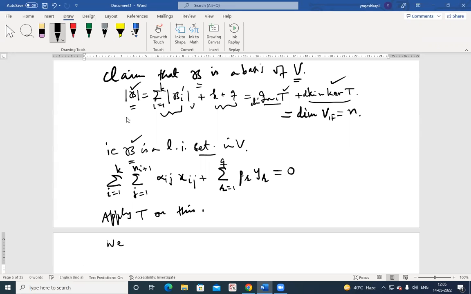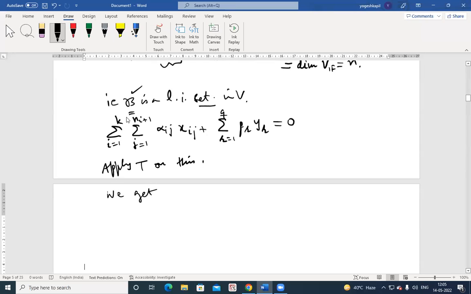What do we get now? What happens when you apply T to this? This is a part of kernel of T, so 0. One more part would be going from here. What is that part? Can you tell me what that part is? Summation i ranging from 1 to k, alpha ij xij.